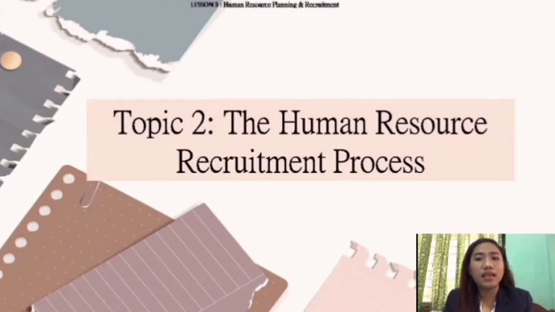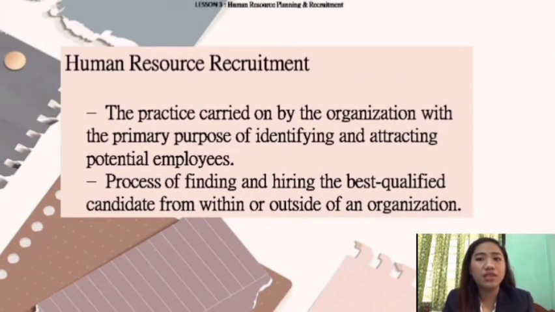The second topic for our lesson 3 is the human resource recruitment process. Human resource recruitment is the practice carried on by the organization with the primary purpose of identifying and attracting potential employees. It is the process of finding and hiring the best qualified candidate from within or outside of an organization.